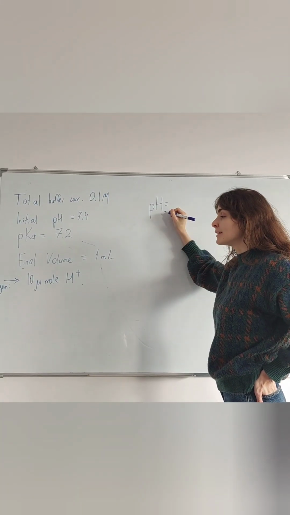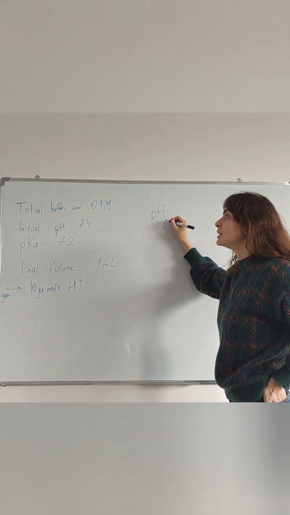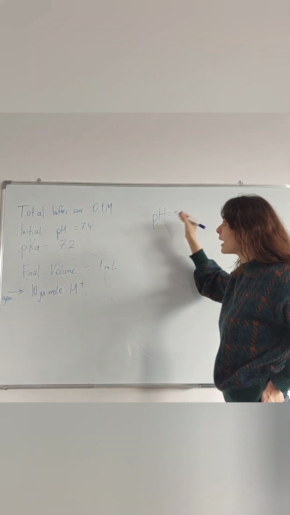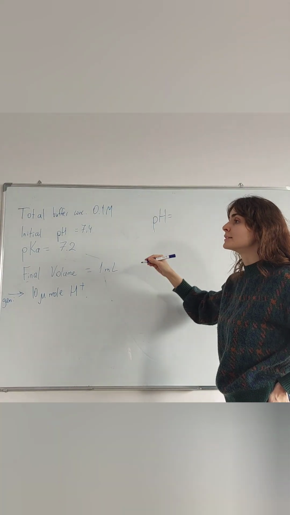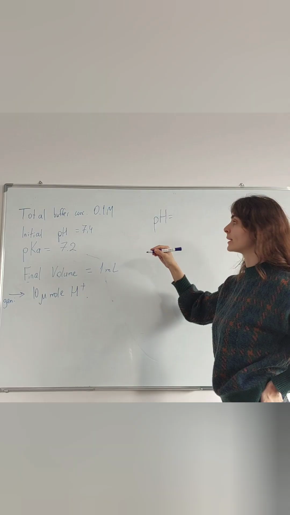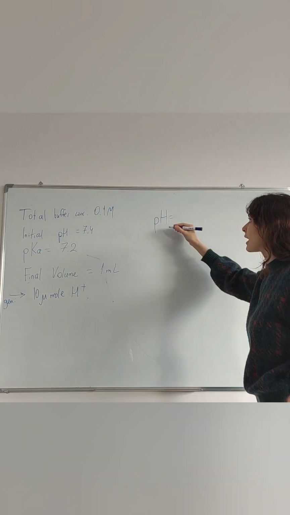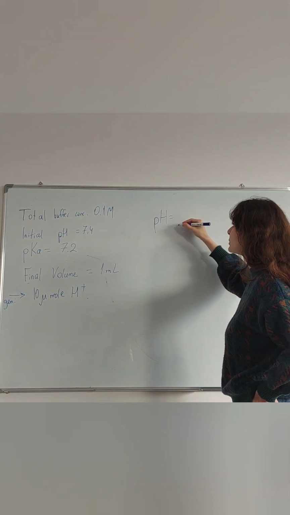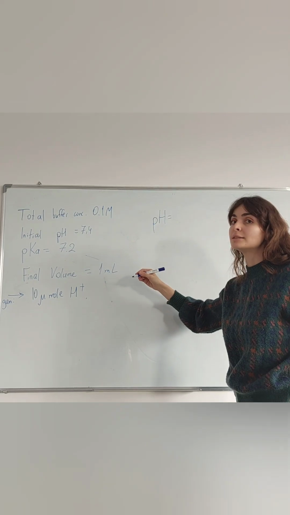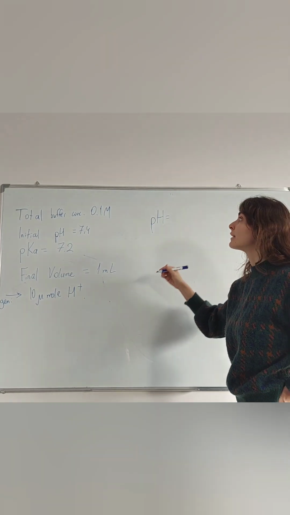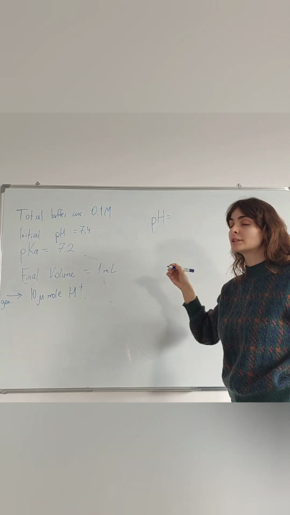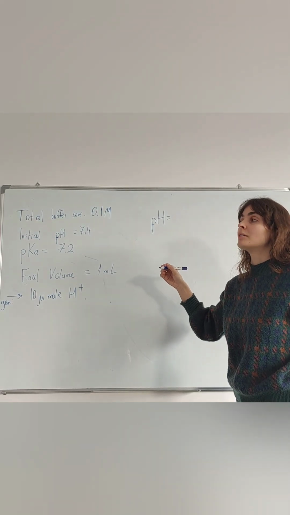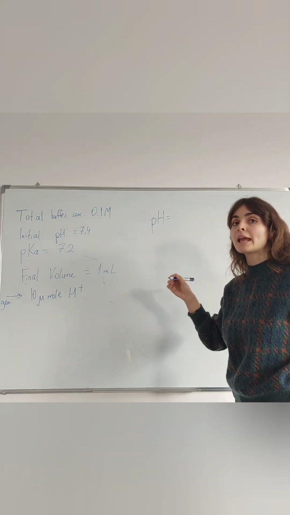So the next thing that we need to do is write the only equation that we need to solve this case, and that is the Henderson-Hasselbalch equation. The Henderson-Hasselbalch equation calculates the pH based on the pKa of the weak acid in a solution and the logarithmic value of the concentration of the conjugate base over the acid.